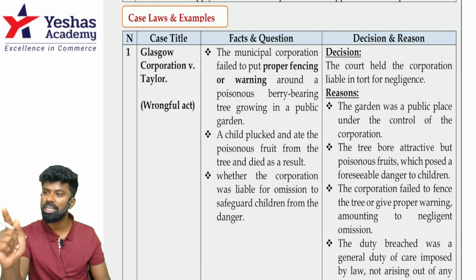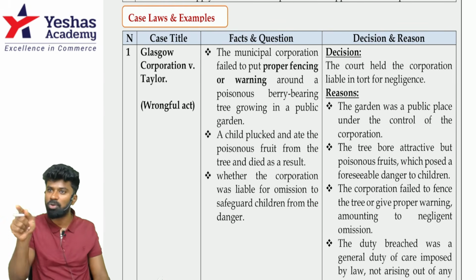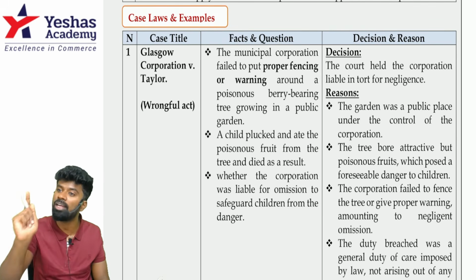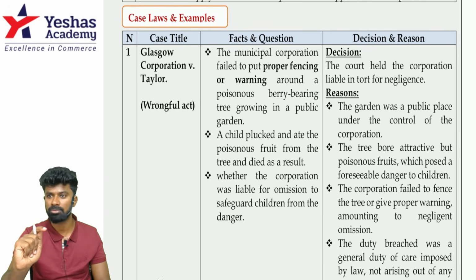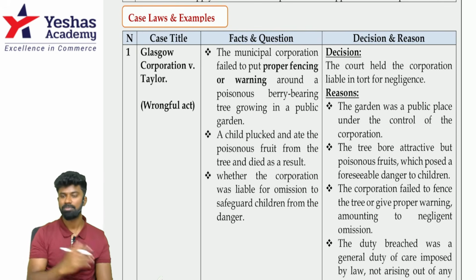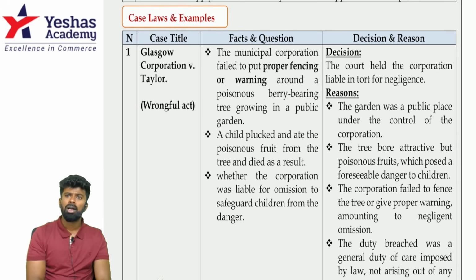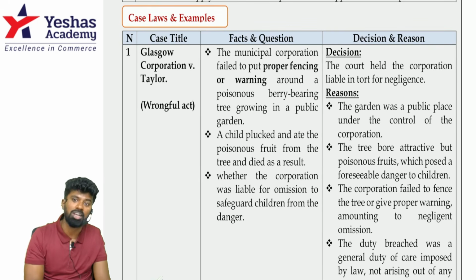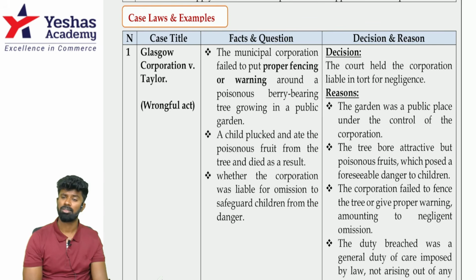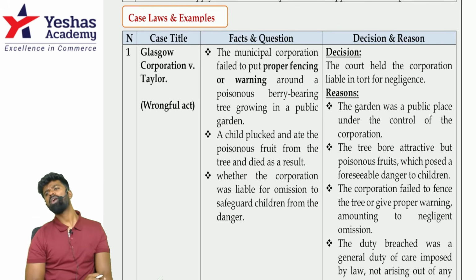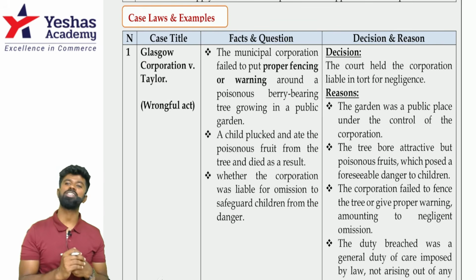They have a duty to protect, fence it because it is a poisonous one, or should give a warning. No, but there are trees where the trees are good but the fruits are poisonous. We want all types of trees for education purposes.